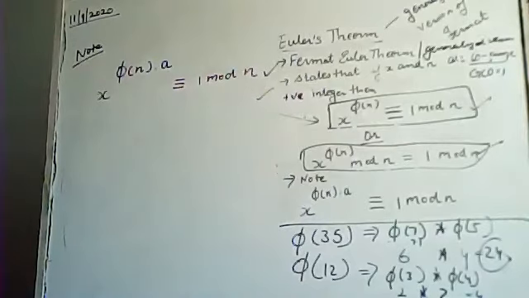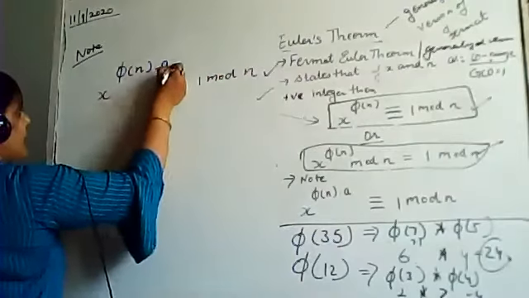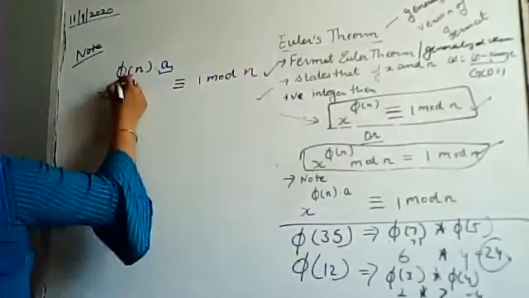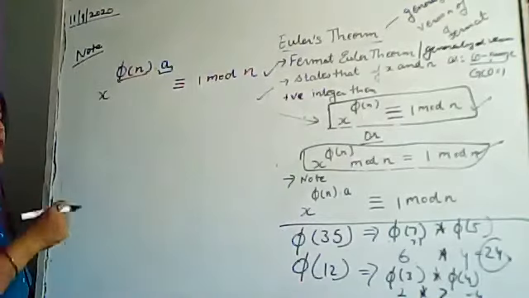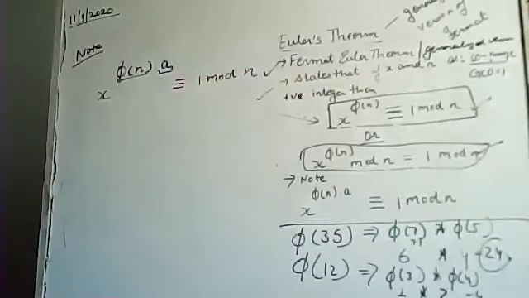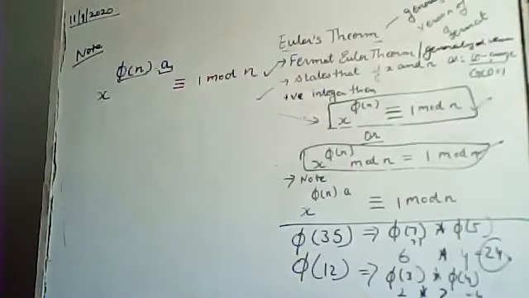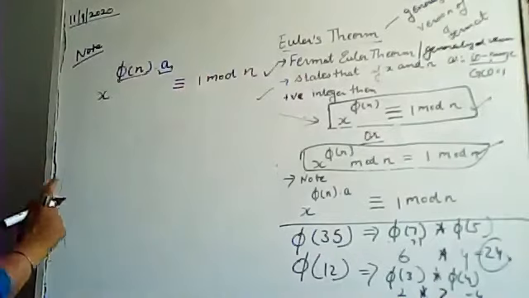So what it says is that we can take any value of a. We can take any multiple. So any multiple that we multiply with this particular phi n, with this totient function, will also be congruent to this particular part. Clear? So anything we multiply with this totient function, or any multiple of this particular number, will also be congruent to 1 mod n.